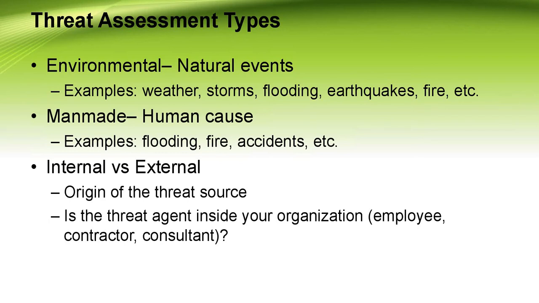Environmental, or natural, is very clear: weather, storms, flooding, earthquakes, fire, etc. Man-made means human causes, such as fire, accidents, etc. And internal versus external is the origin of the threat. Normally environmental covers natural and man-made disasters such as fire, flood, hurricane, infrastructure failures, and other unusual events.